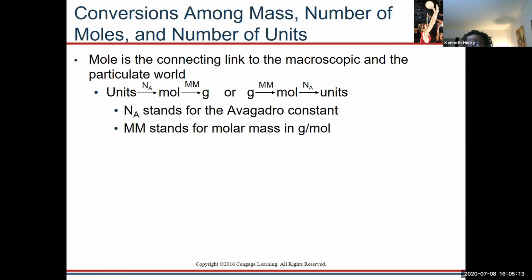If I'm given moles, then I can use the molar mass to change into grams. And I can go back the other way. If I'm given grams, I can use the molar mass to change into moles. And if I'm given moles, I can use Avogadro's number to change into quantity.